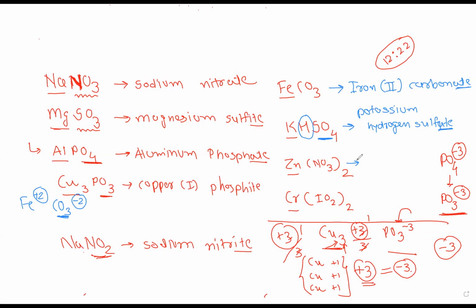Zinc, even though it is a transition element, does not carry more than one charge. It means there is no need to write a Roman numeral with this. So the name would be zinc. And nitrate, NO3, was part of the 5-box table, so we're going to call it nitrate, zinc nitrate, with ATE. Do you guys understand this?